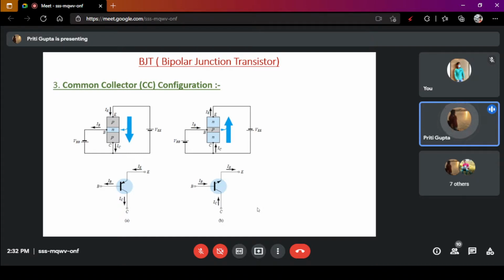Just change the para and write down. The common collector circuit has a very high input resistance.